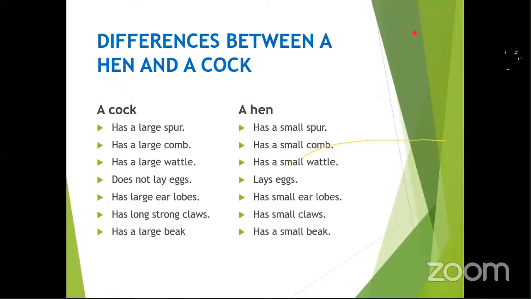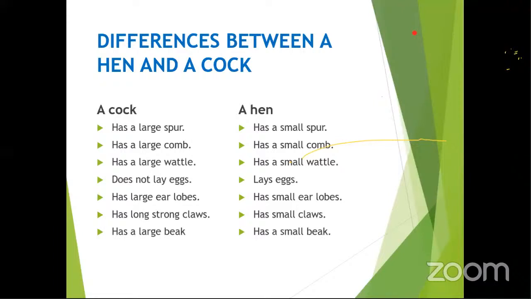So when we ask you in your examination to give the differences, you will simply give this. You don't need to say, a hen has a cock has a large spur. If you compare a spur and the comb of a hen, it will be wrong. When you decide to talk about spur, talk about the spur for the cock and the spur for the hen.